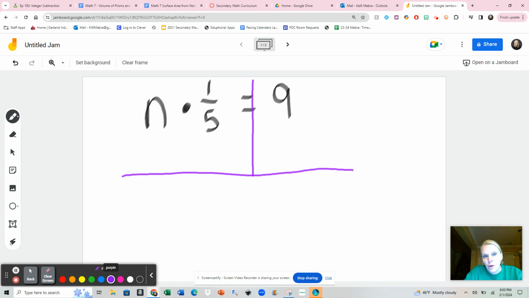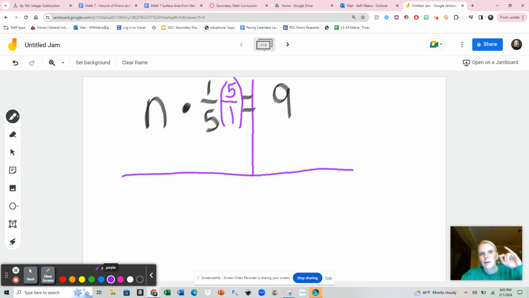So you know that the opposite of multiplying by a fraction is to do the reciprocal. Okay. So we have our fraction. So what we're really doing, and it looked like you tried to do it, is we're going to multiply by 5 over 1 because we're doing the reciprocal.